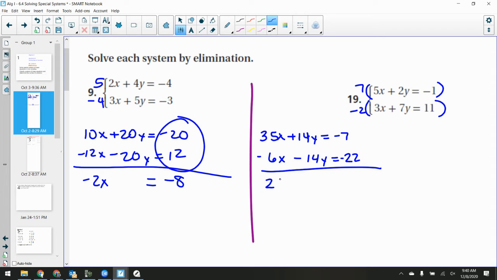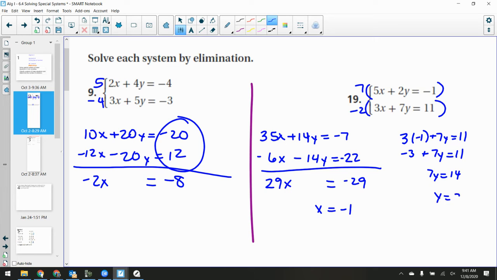Okay, that gives me a 29x and a -29. Divide by 29, x is -1. Plug it back in. 3 times, I'll go into the bottom, doesn't matter. -3 plus 7y is 11. I add the 3, divide by 7, y is 2. So -1, 2.